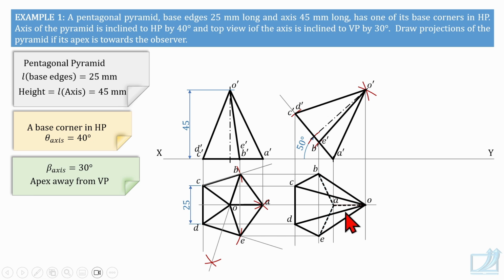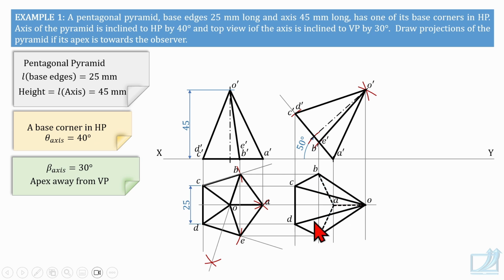Now to solve problems mechanically very quickly, remember in this manner, face edges over hidden base are always visible. So base is hidden, you know, when you watch this object from top, apex is towards observer, means base is hidden. Base is this pentagon in the top view.